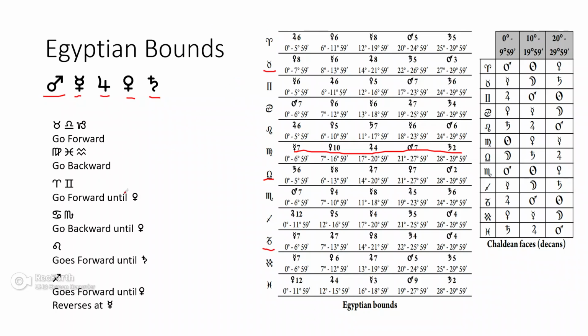Aries starts with Jupiter. Goes Jupiter, Venus. I've told you it goes forward until Venus. So after it reaches Venus, it goes backwards and chooses Mercury next. Then it's still cycling backwards, chooses Mars, and back around to Saturn. The same with Gemini. Mercury starts. We can't choose a malefic for the second bound.